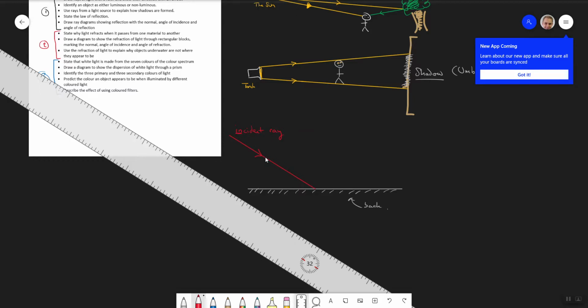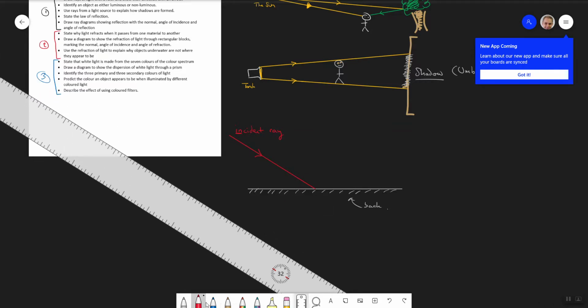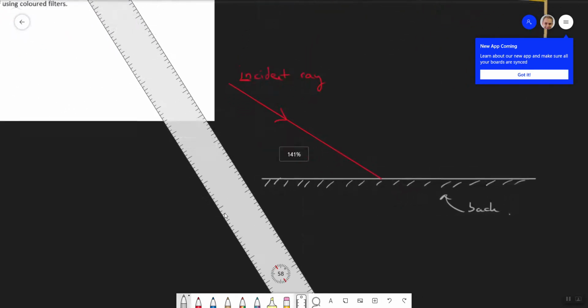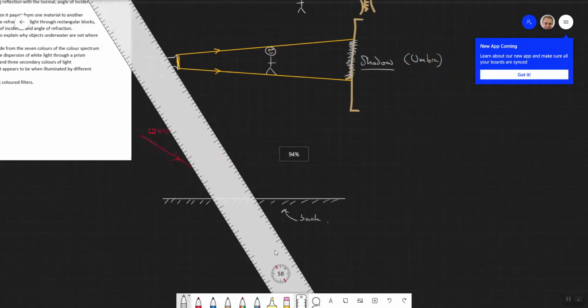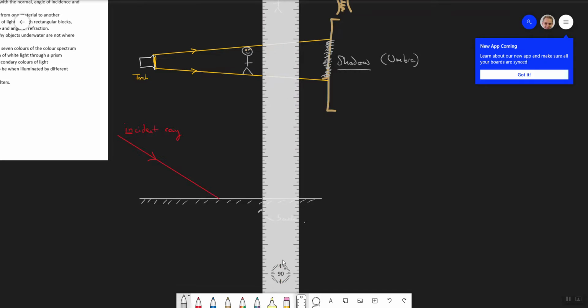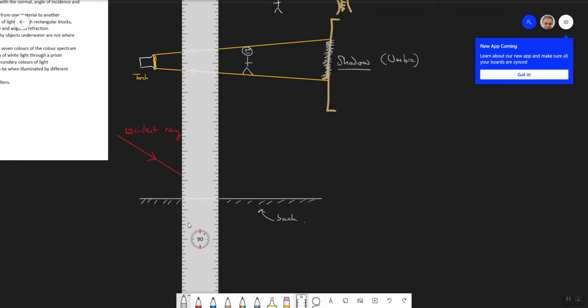That ray is going to reflect according to the law of reflection, so we need to measure an angle. First we need to draw a thing called the normal. The normal is a 90-degree line, always 90 degrees. It's where your incident ray hits, and it's at 90 degrees to the thing you've hit.